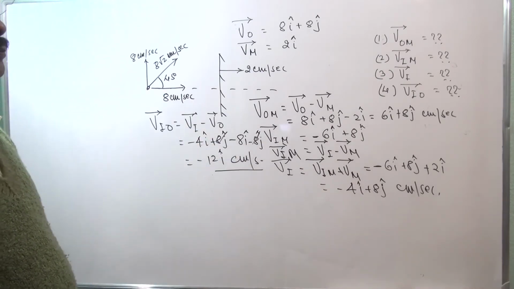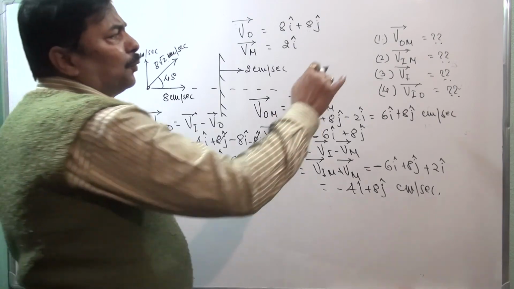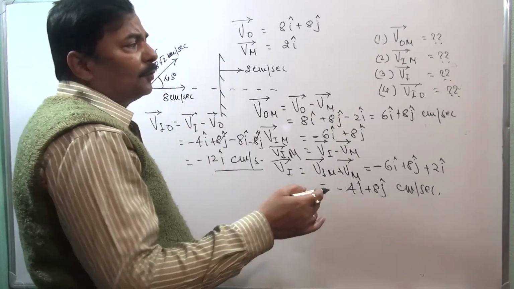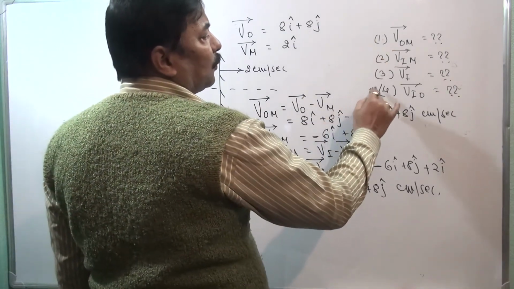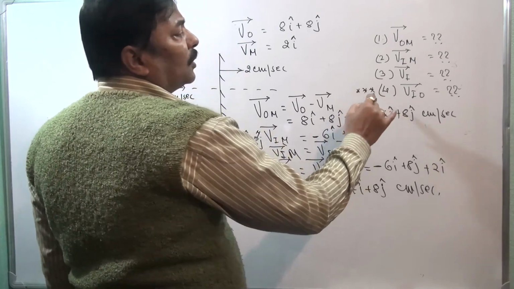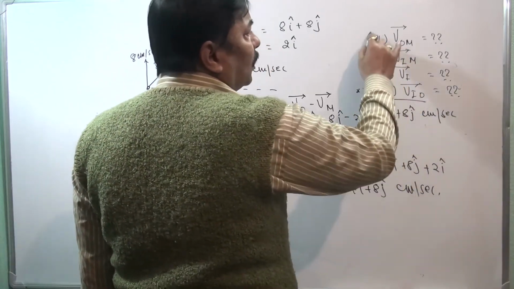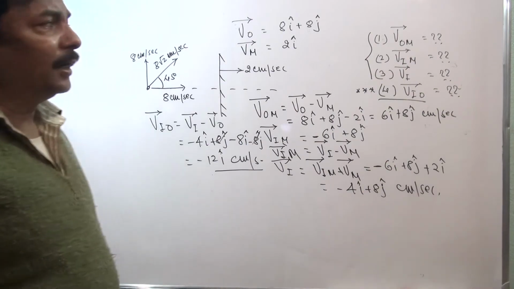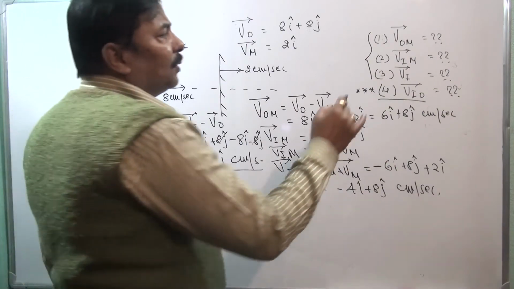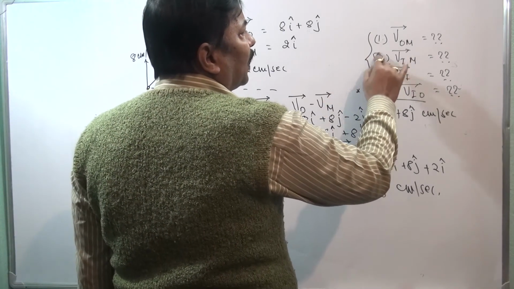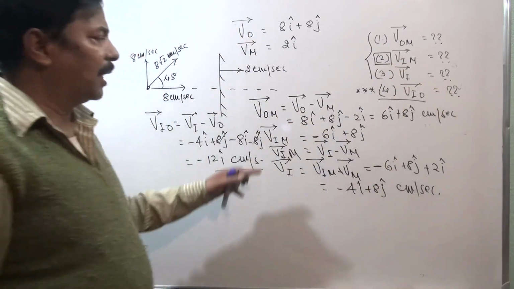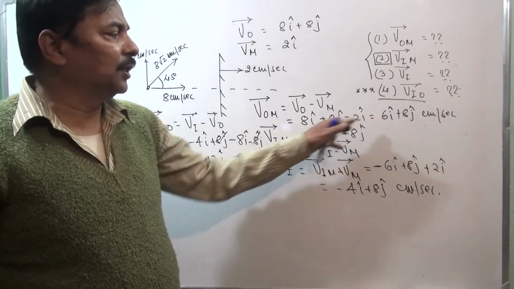So generally these 4 questions are asked, but out of these 4 questions, this question is very important, because in order to find this, all the 3 you will have to find. While finding all the 3, this part is more important, because here you will have to reverse the sign, as I have reversed the sign here. You see the sign here.